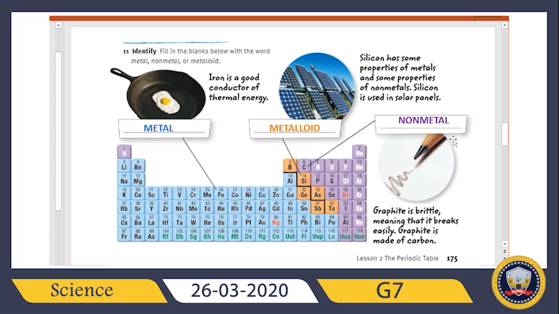And graphite is a brittle substance. It is made up of carbon, and it can break easily. It can be found in the top of your pencil actually, and it is a non-metal. Basically we can understand that it is a non-metal.